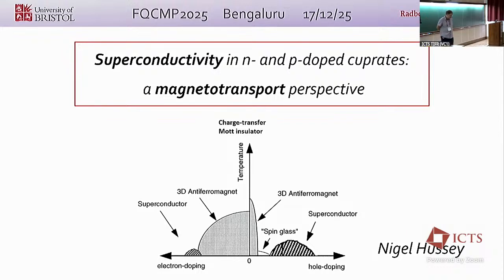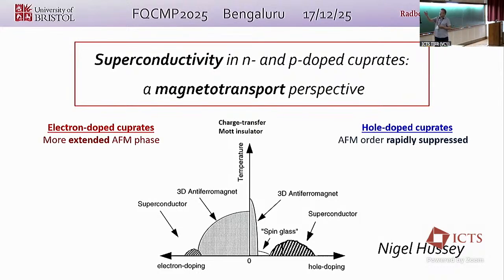Inspection of this phase diagram suggests that they are not like two sides. Well, they are two sides of the same coin, but no two sides of a coin are the same. Even though we start with the same charge transfer Mott insulator, when you dope with electrons or remove electrons, you find the evolution of the ground state is very different.